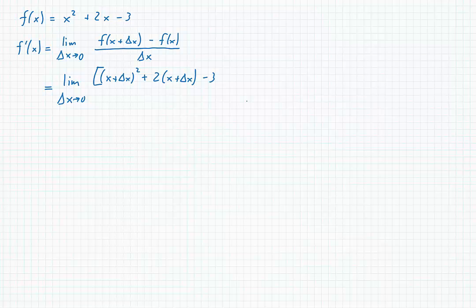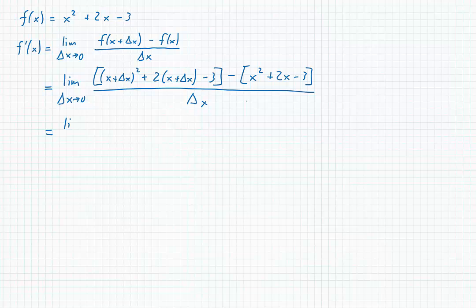We'll put some brackets around there, and we'll subtract the original function, x squared plus 2x minus 3, making sure I get my signs right this time, and we'll divide all of that by delta x.